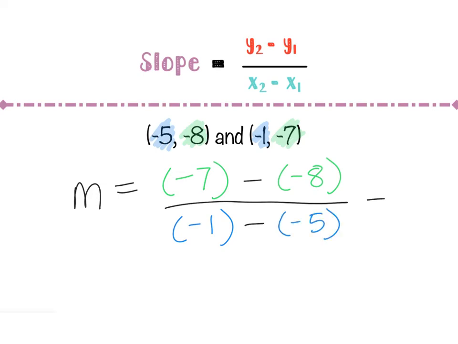Next, let's simplify the numerator and denominator separately. So negative 7 minus negative 8. If I cross the line and change the sign, that's really negative 7 plus 8, which is 1. And in the denominator, if I cross the line and change the sign, that's really negative 1 plus 5, which is 4. And that does not reduce, so 1/4 is my final slope.